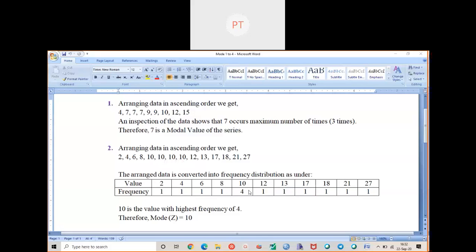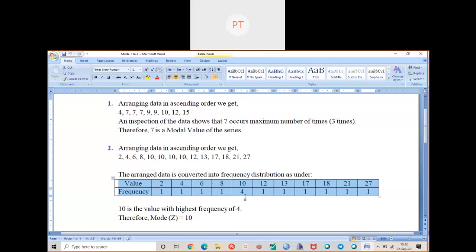So the appearance of 10 is 4 times here. And 12, 13, 17, 18, 21, and 27 are all appearing for 1 time each. So this is how you will convert this particular data into a frequency distribution.